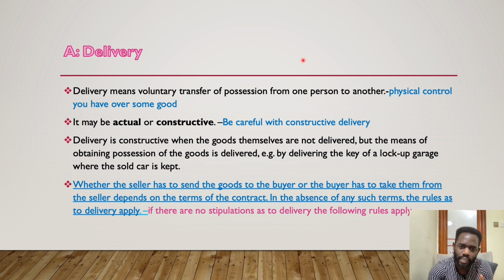When I talk about delivery, what I mean is that it is the voluntary transfer of possession of goods from one person to another. So out of your own free will, you transfer the possession of the goods you've sold to someone, and that person is going to have physical control over those particular goods.